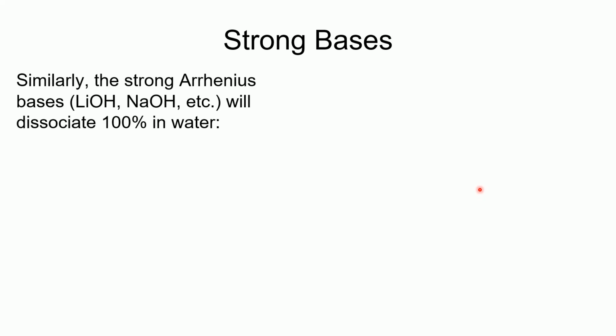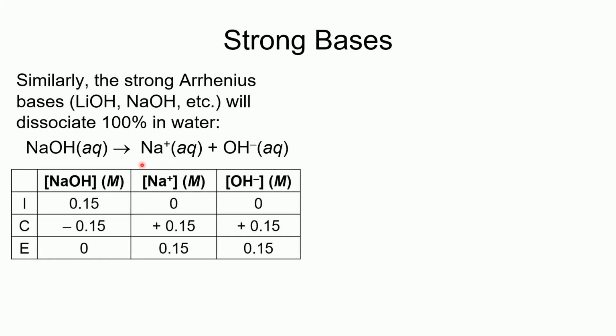So in a very similar fashion, when we have strong Arrhenius bases, lithium hydroxide, sodium hydroxide, they will dissociate 100% in water. So here I've got an example of sodium hydroxide, and I've just randomly picked a concentration here. And just like what we saw with the acids, it's going to dissociate 100%.